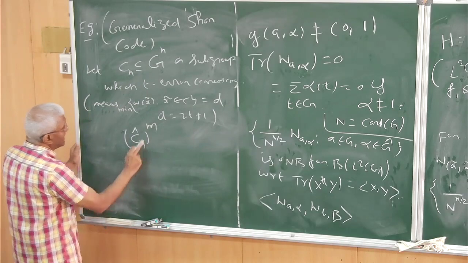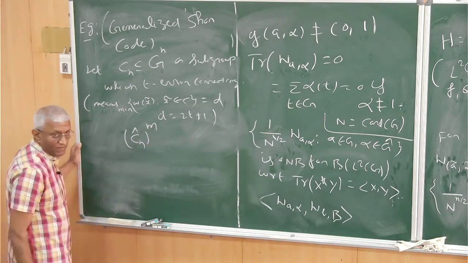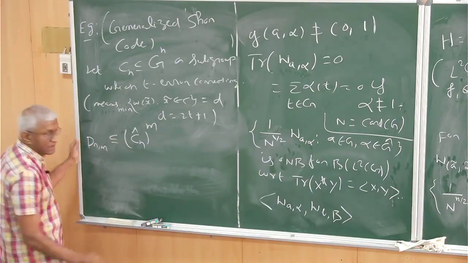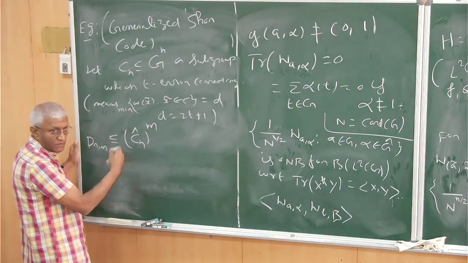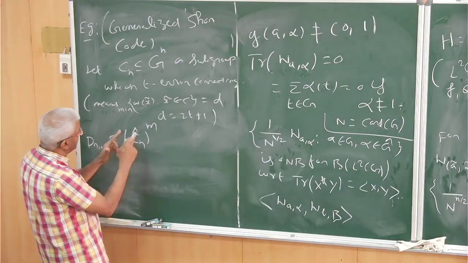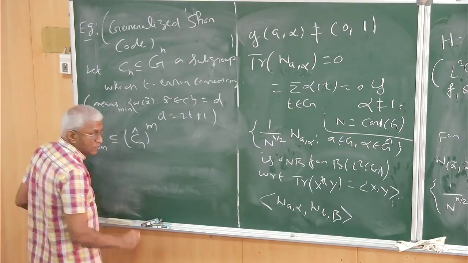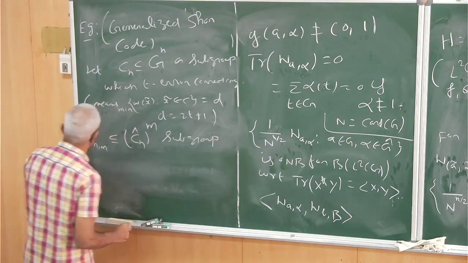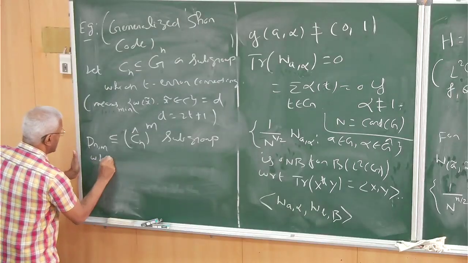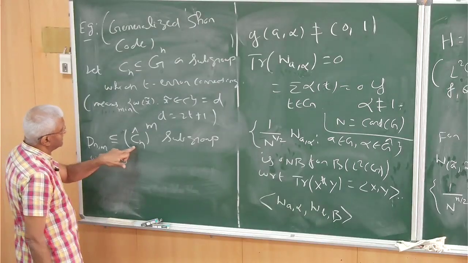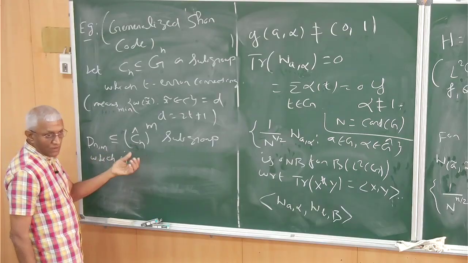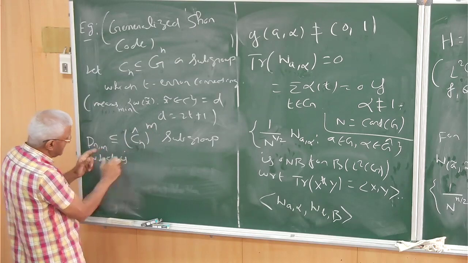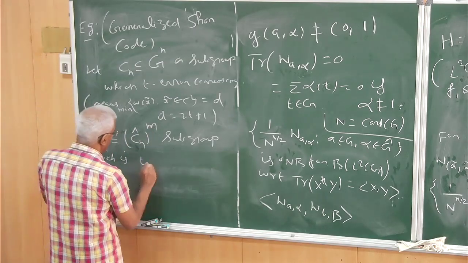Now you take C n hat M. Contained in this is a character subgroup, the character group of C n M. It's a subgroup. But here the Cn is the code. Cn hat M has M of them. So among them, the T is something which is again a character.